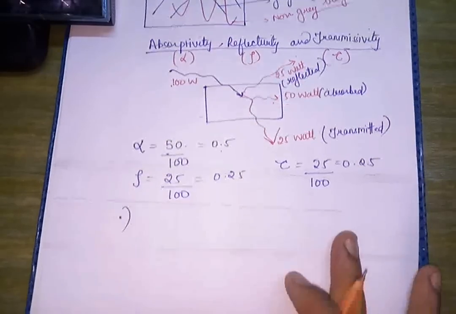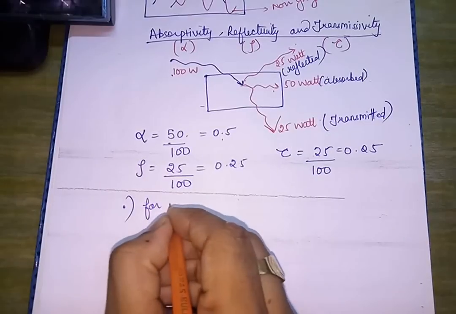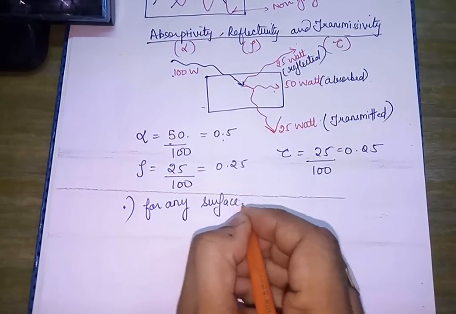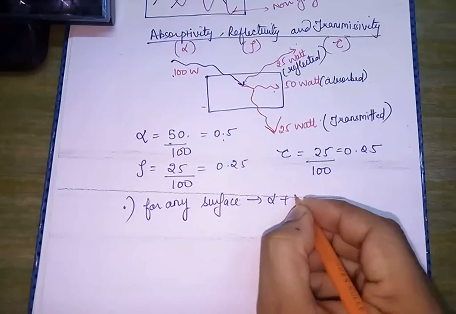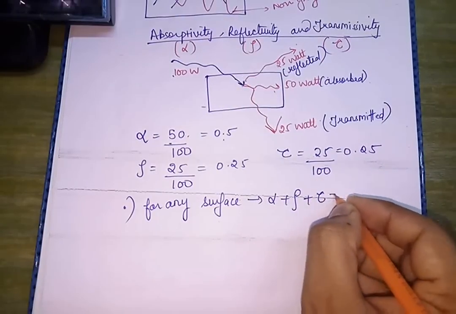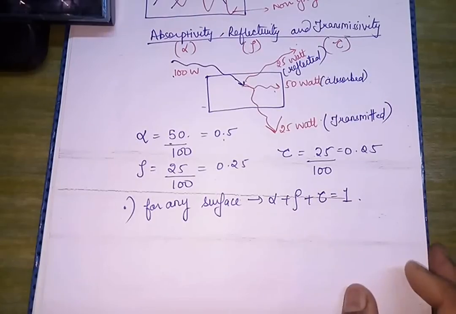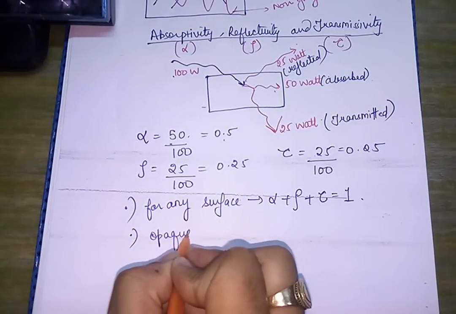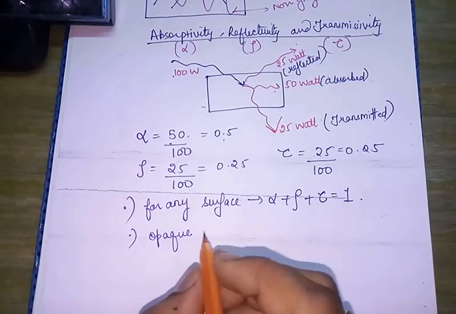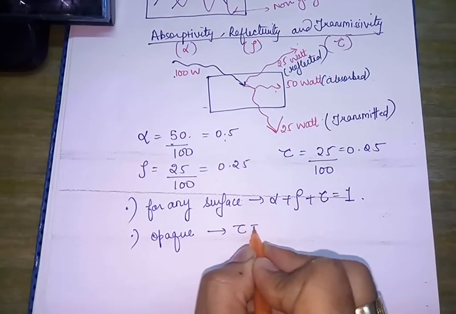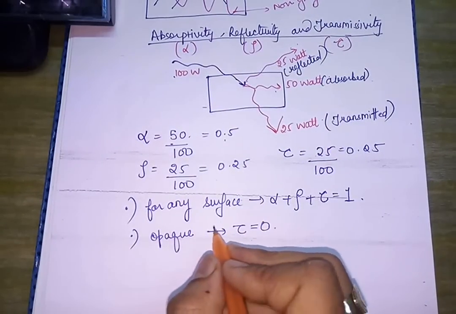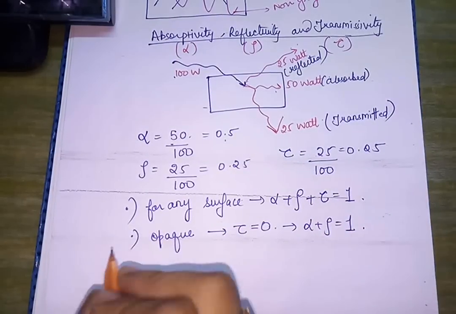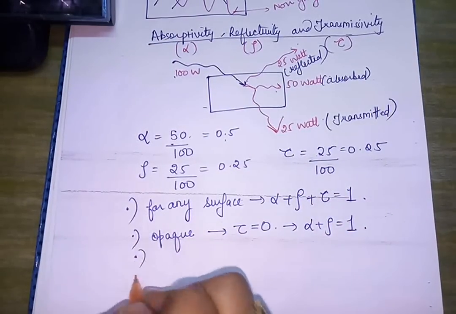Now, very important points: for any surface, alpha plus rho plus tau should be equal to 1. For an opaque body there is no transmission, tau equals 0, such that alpha plus rho equals 1.